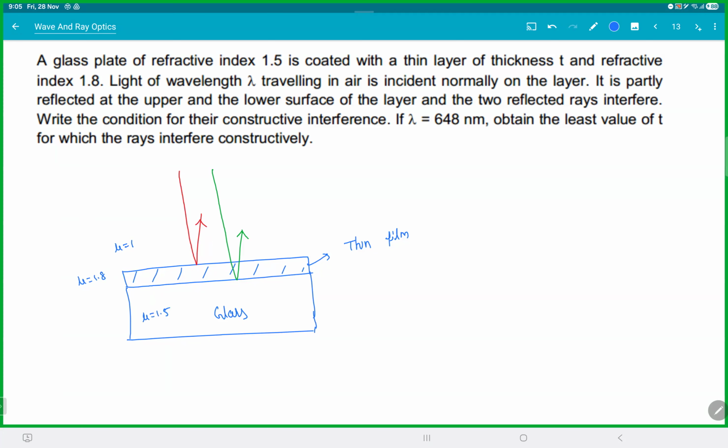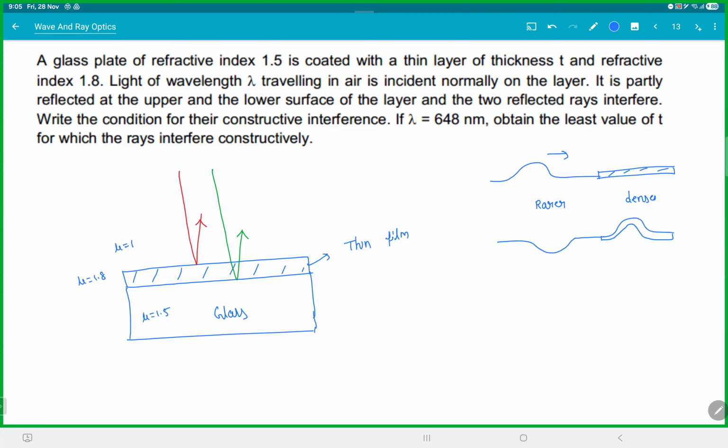Just now I told you, whenever there's a reflection, there will be a phase difference of pi, but there's a catch. It should always be from rarer to denser. If you remember in waves, when a wave goes from a light string to a heavy string, rarer to denser, then the reflected wave will be inverted.